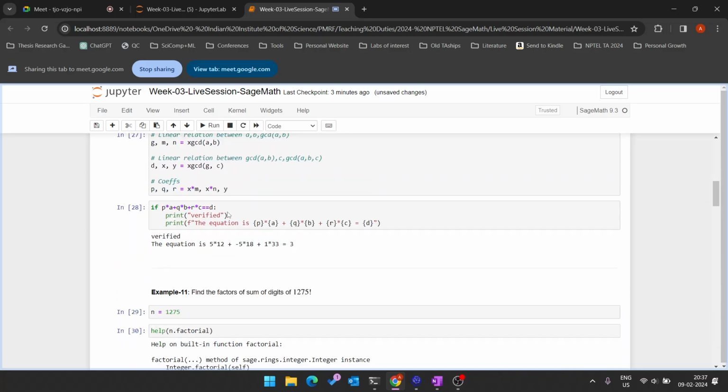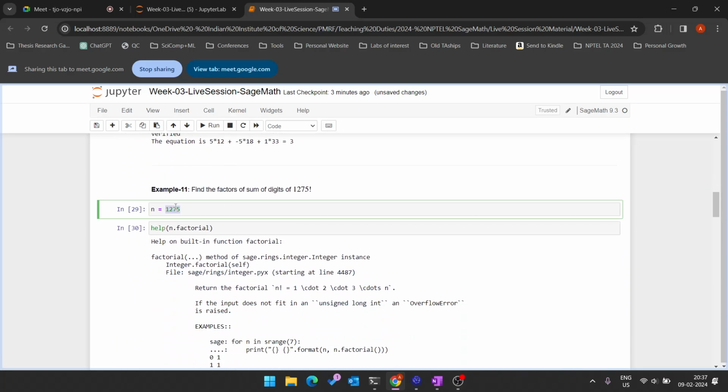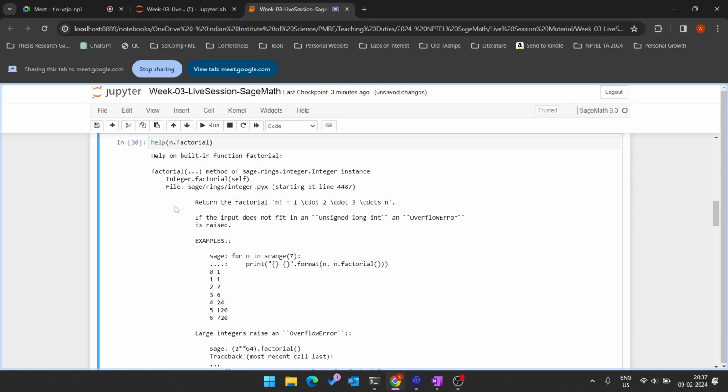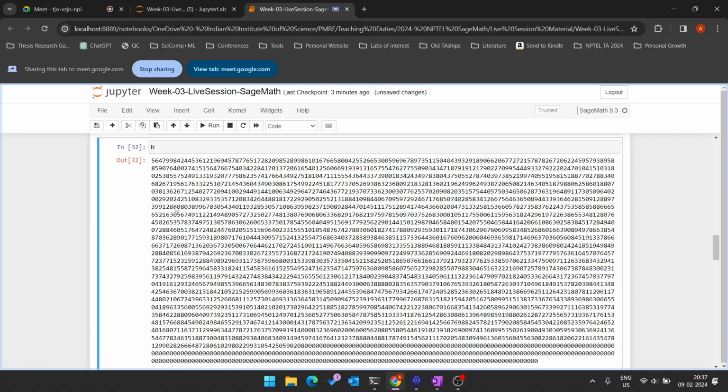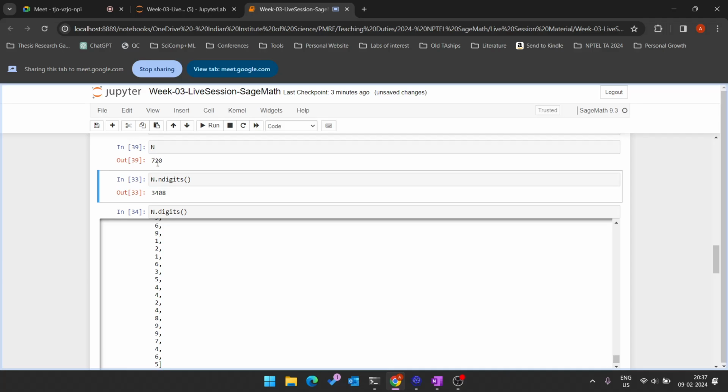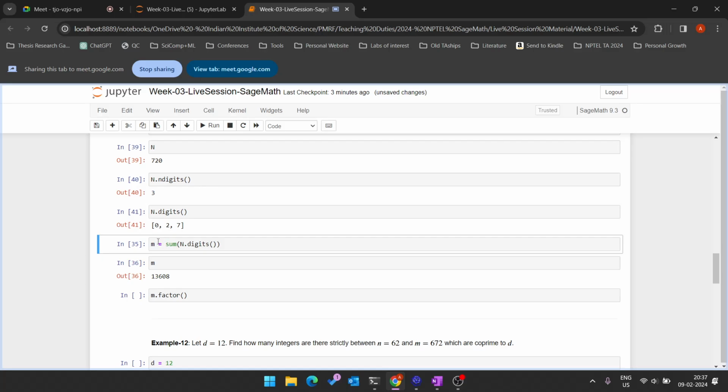If we take a more palatable example, suppose n is say 6 factorial. This should be 720. This is what I get. There are only 3 digits, 0, 2, and 7, and the sum of these digits is nothing but 9.